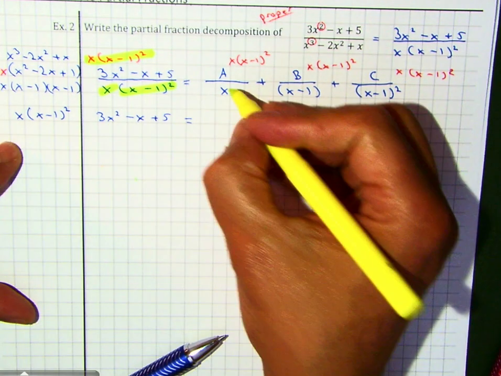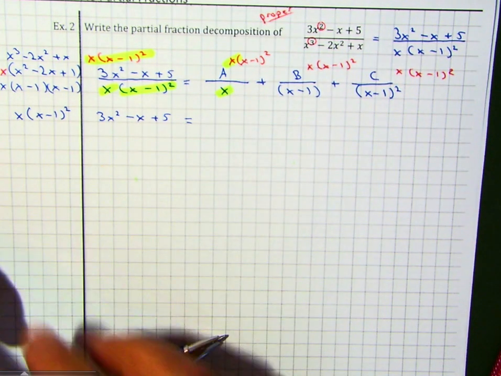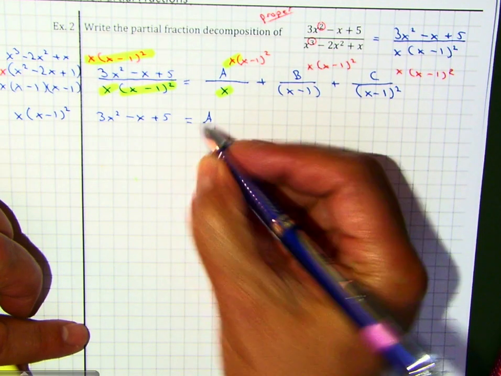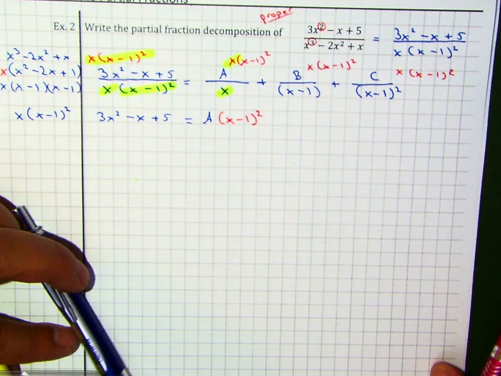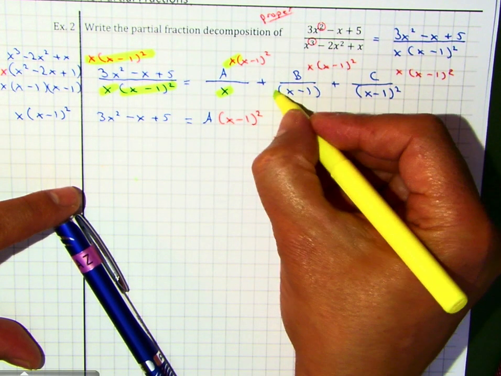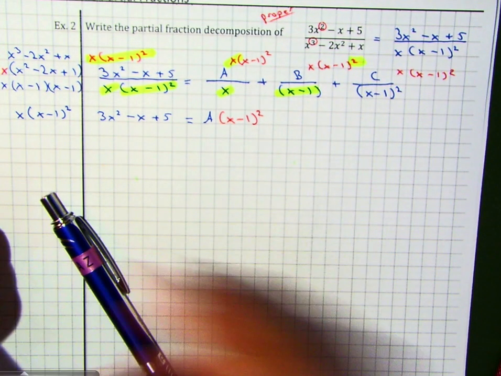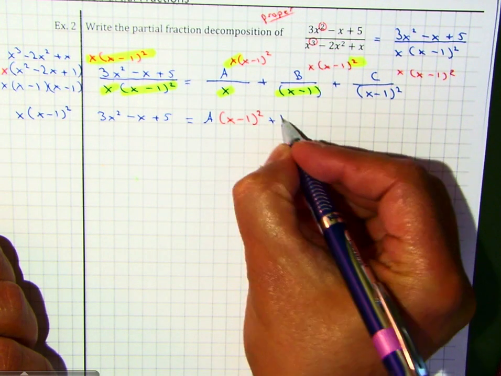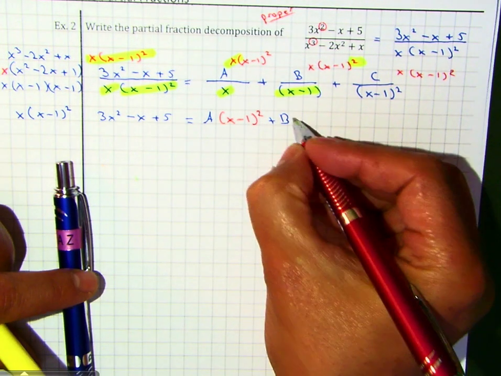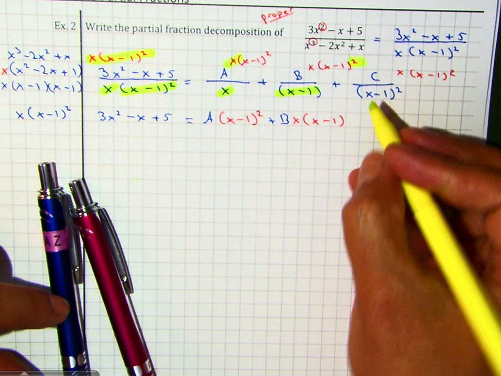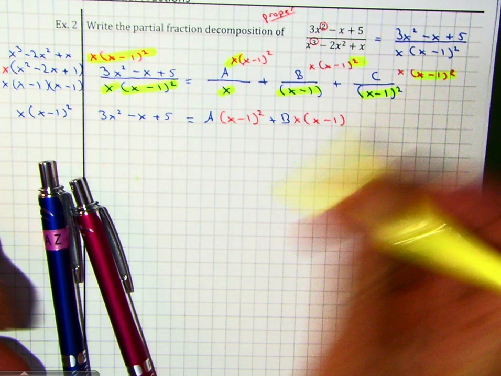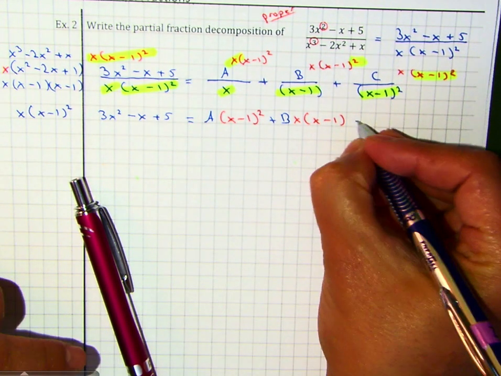On the next one, only my x cancels, so therefore I have A multiplied by x minus 1 squared. On the next one, only one of my x minus 1 cancels, so therefore I have plus B x times x minus 1. And on the last one, my x minus 1 cancels, so therefore I have plus C x.